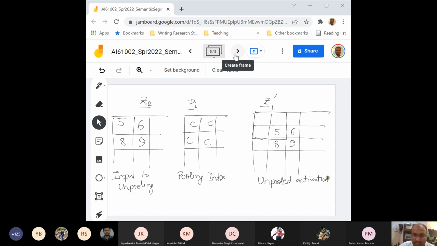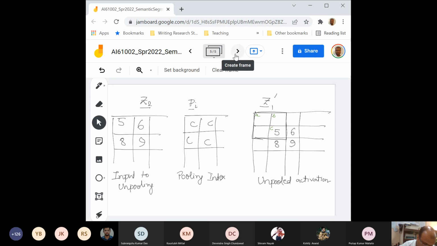Sir, could you kindly repeat that last part? How did you do that unpooled activation? How did you get that 5 in that one? See, I have this location C. This is A, this is B, this is C, this is D. So this value came from the location C. So this is A, B, C, D. This is what I know.